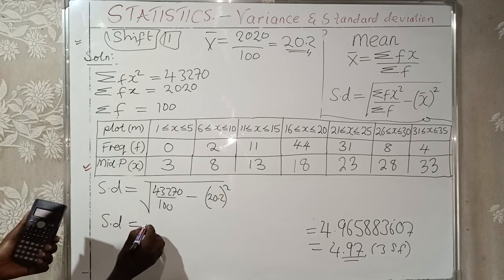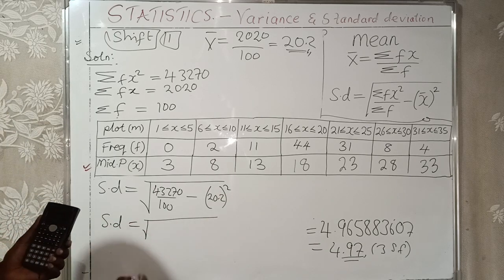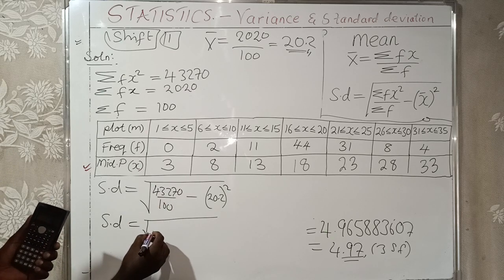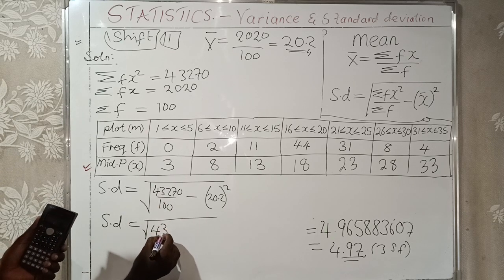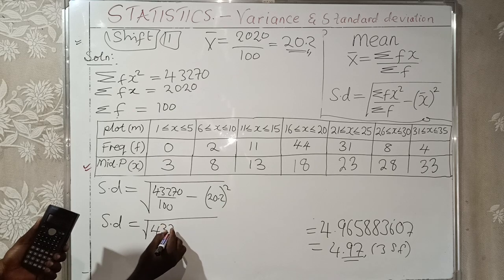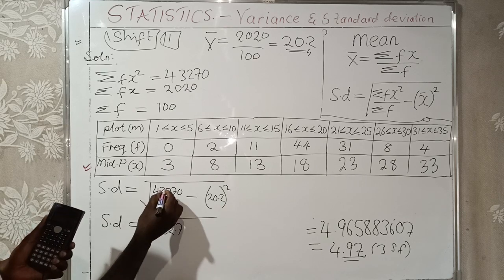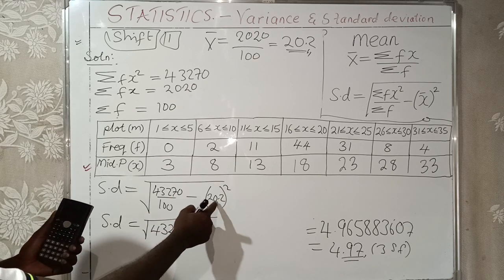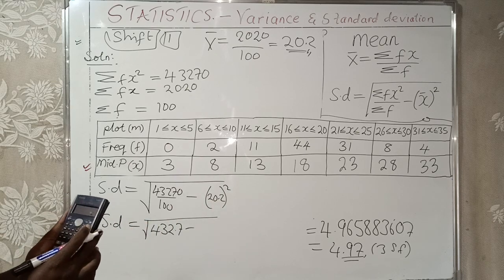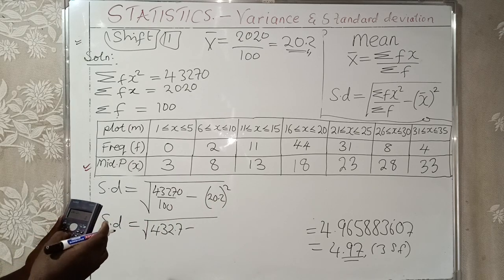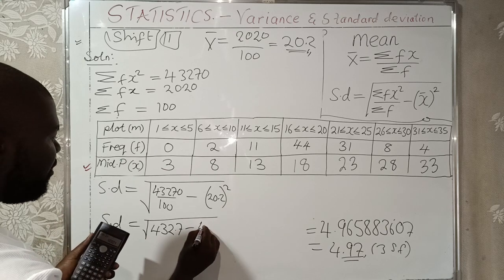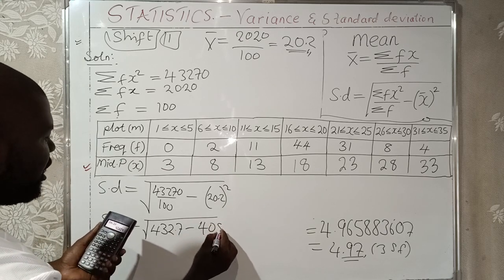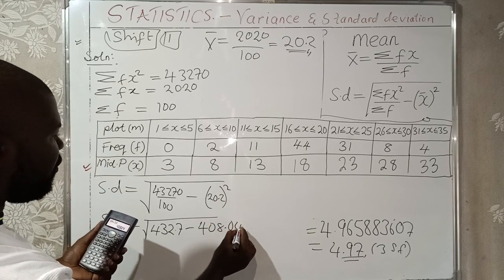And now, showing your working, when you divide this one, you have 432.7. When you square 20.2, you are getting 408.04.